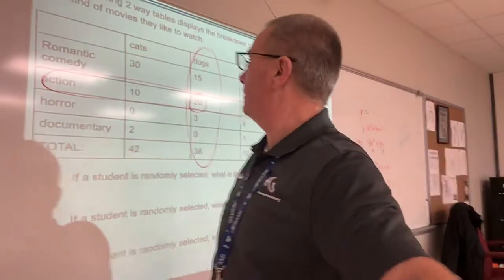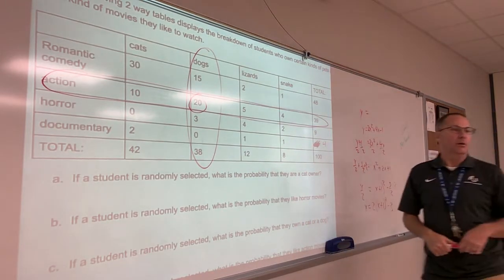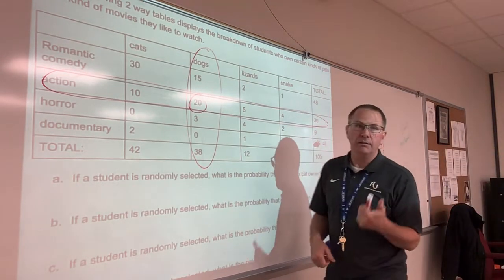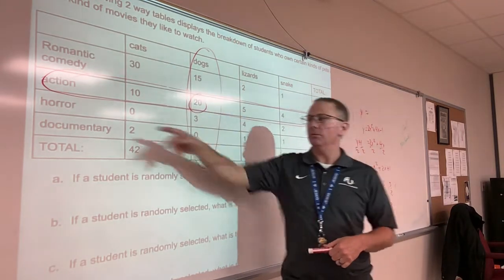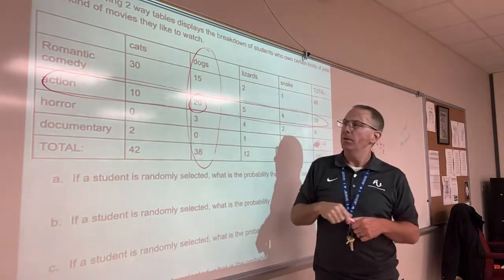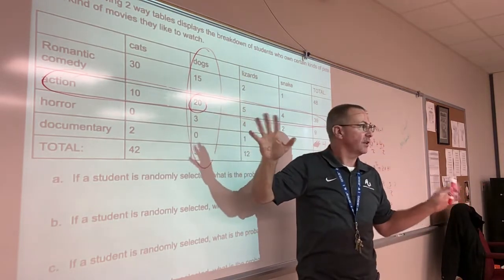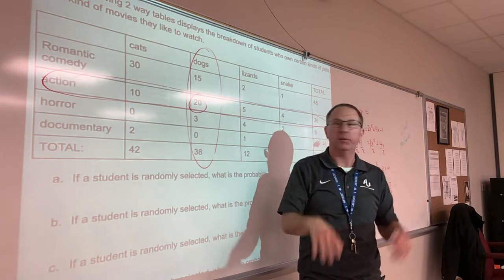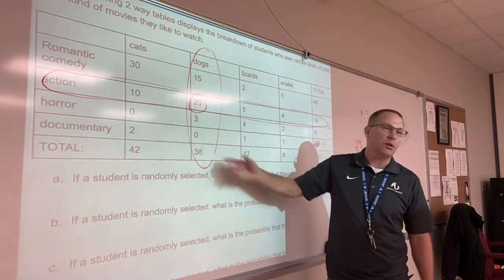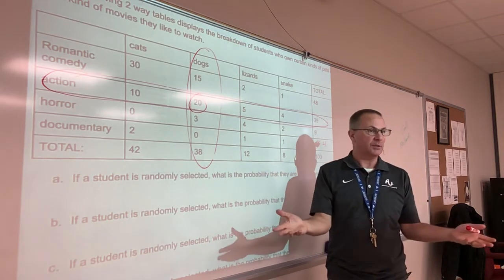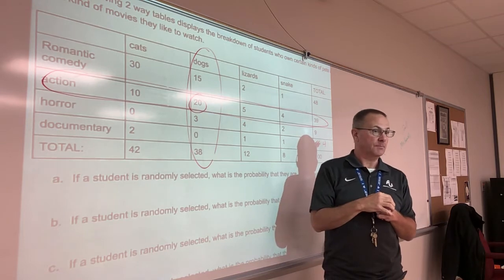Now the and. Like yesterday, if I said the probability that you are a cat owner and a dog owner, notice that they are both columns. I could do rows as well, but they don't overlap, right? So it's just like last night. If they don't overlap, it's just like your basic probability. The probability that you're a cat owner, 42 out of 100. Probability you're a dog owner, 38 out of 100. Multiply the two together, because that was and. You with me?